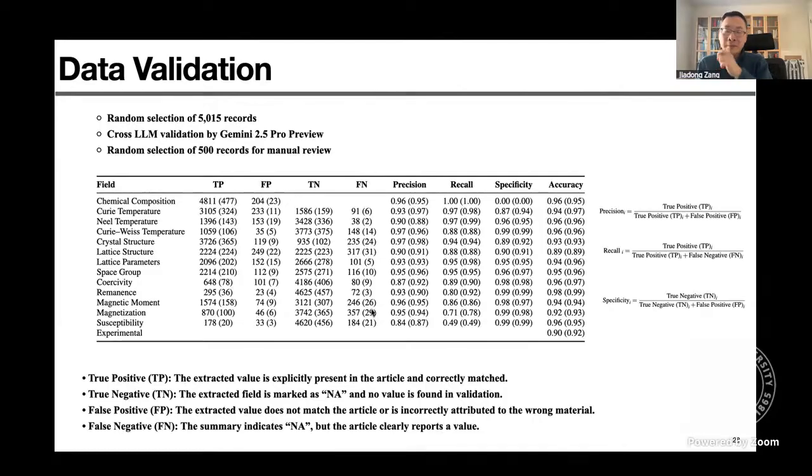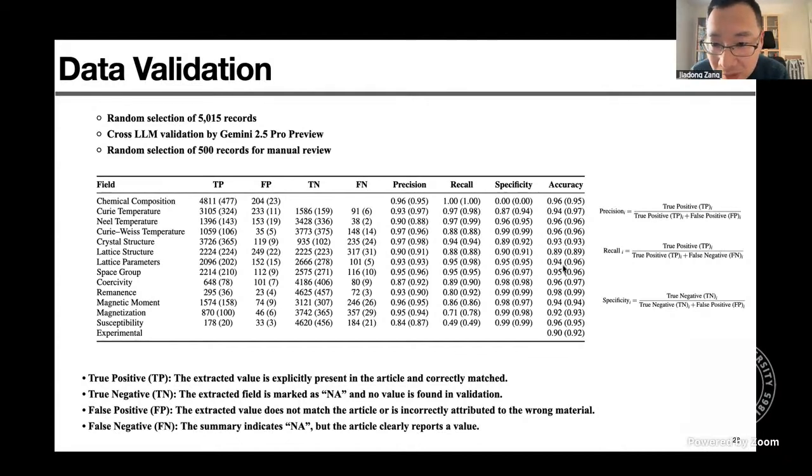I will say that any database contains mistakes, and especially here, we are using this database to predict materials using machine learning models. And the machine learning models have their own accuracy. As long as the accuracy here doesn't affect the performance of larger models, I will say that this is good enough.